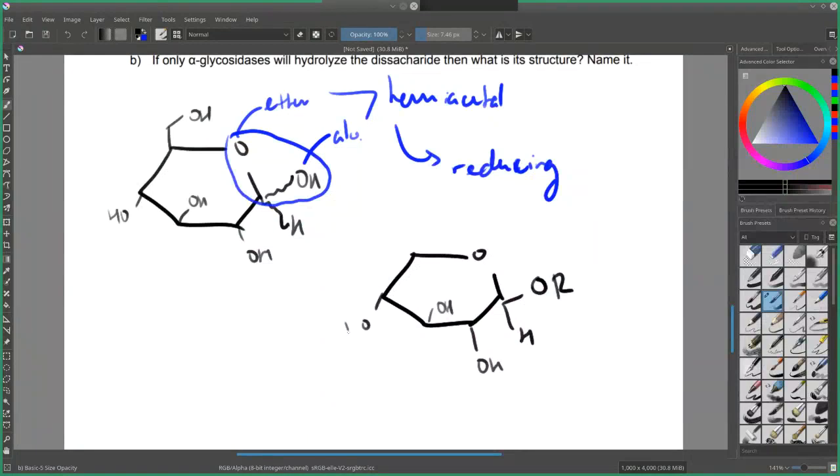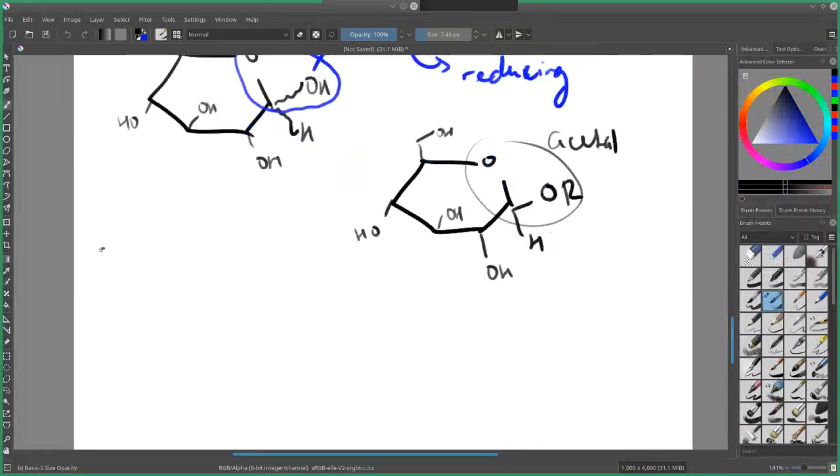Okay, but if it's an acetal, then acetals are more stable than hemiacetals.